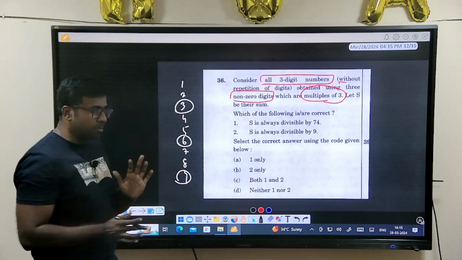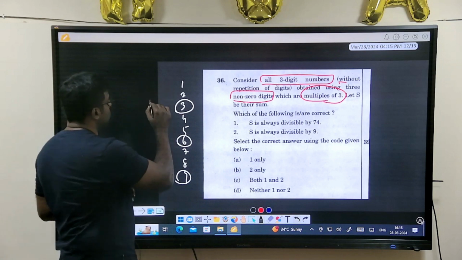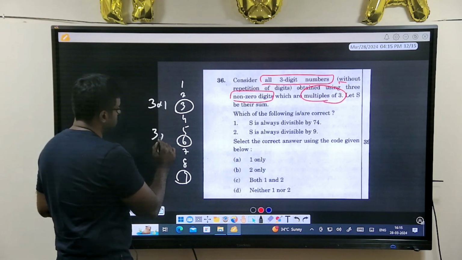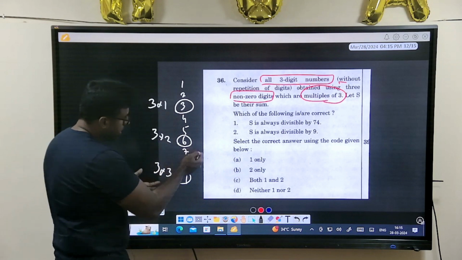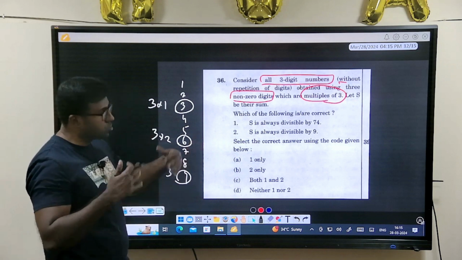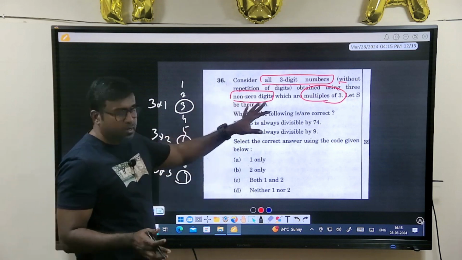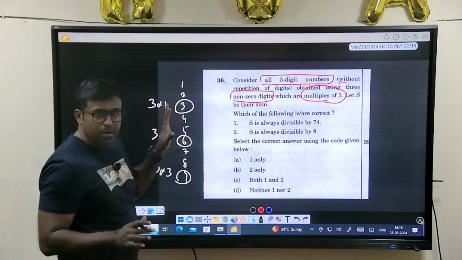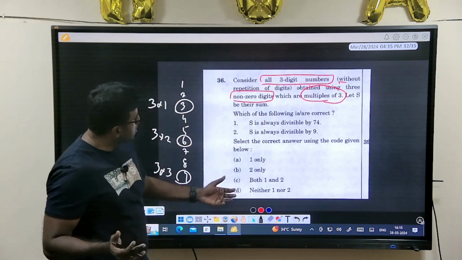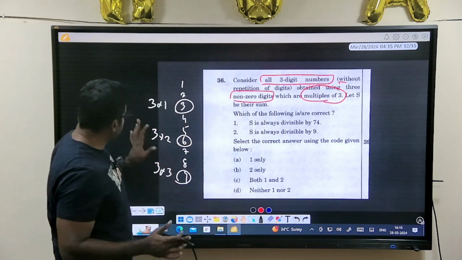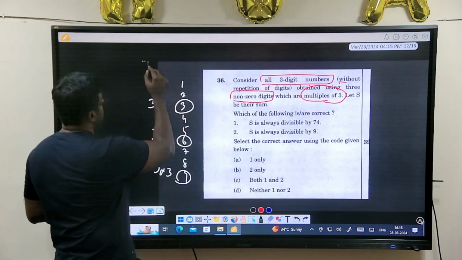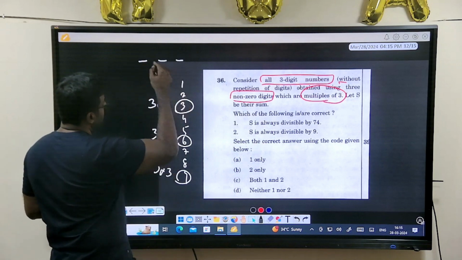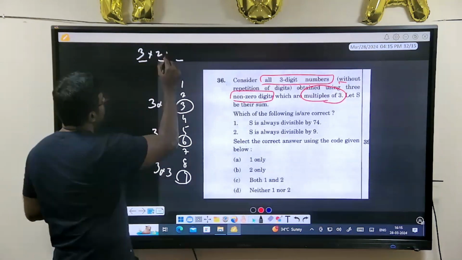If it is a multiple of 3, it means 3 into 1, 3 into 2, 3 into 3. Other digits you should not consider at all, because the digits are formed by the multiples of 3 only. Now, how many can be? You have 3 numbers, so 3 into 2 into 1.